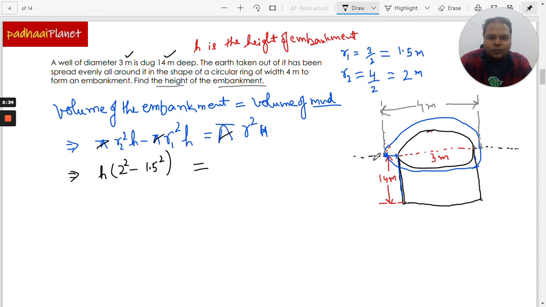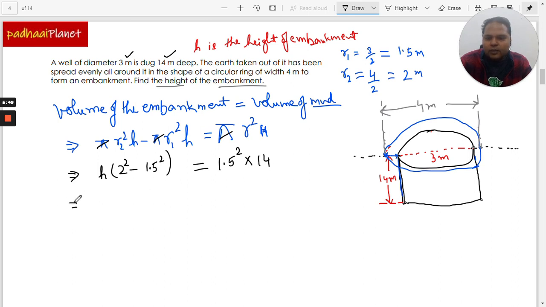And this R square is the inner radius, so that's 1.5 whole square multiplied by the depth of the well, which is 14, right?